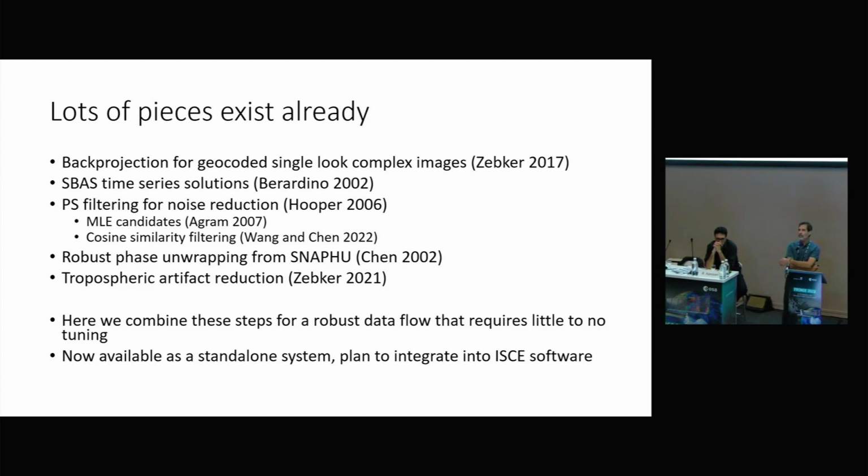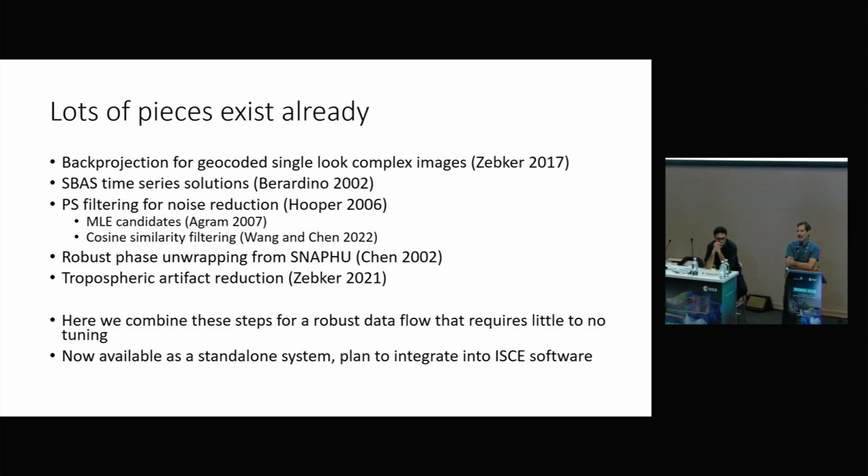We've seen a lot of good papers on these things, in fact, already in this year's FRINGE meeting. But we basically have put together these pieces that already exist into an overall data flow that includes developments from the last 25 years.